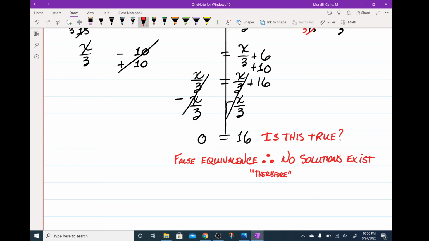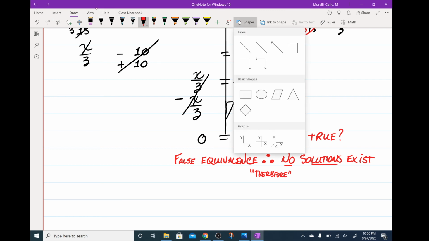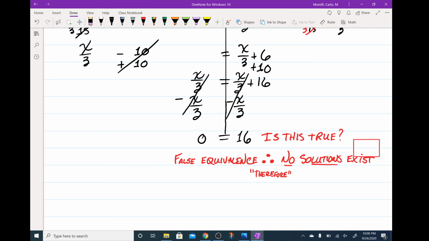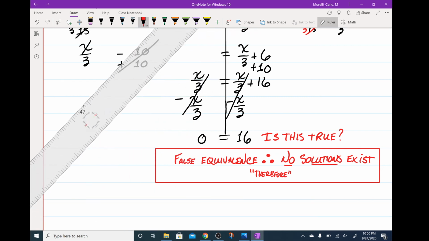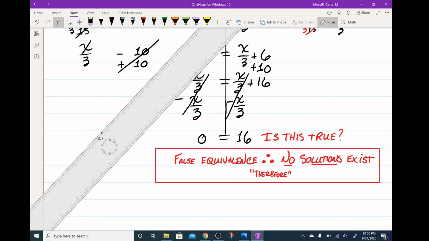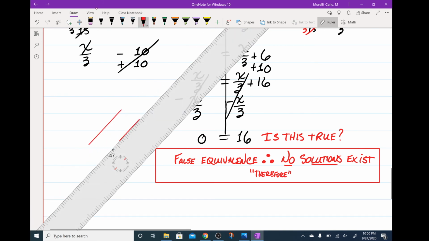The keywords here are no solution. All right, so this is actually the whole answer here. Just this part here. All right, no solutions exist. Now, if we were to graph the left and right side of these equations, you would see that the lines are parallel.